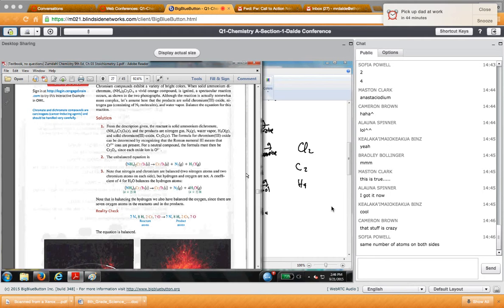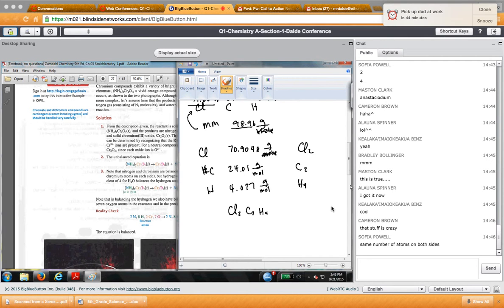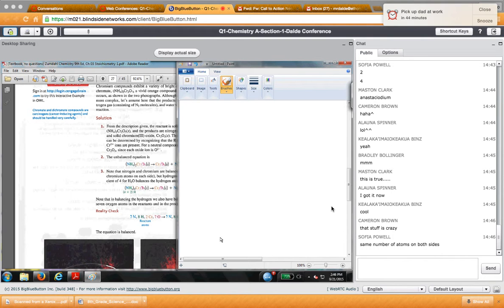All right. Okay, cool. So let me show you how to balance an equation. It's actually not that bad. Here's what I do. (NH4)2Cr2O7 is apparently burned, and it yields Cr2O3, a solid.